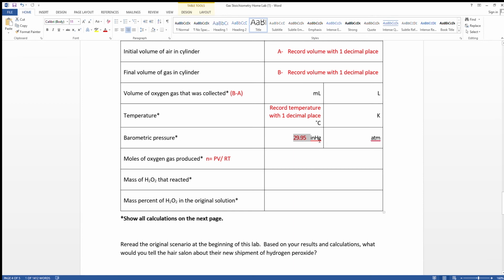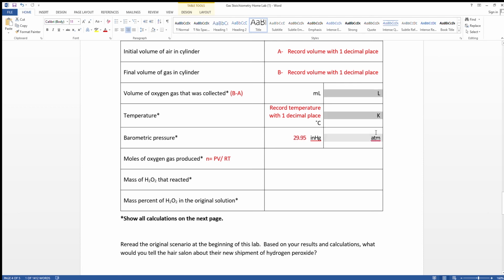Whatever inches of mercury barometric pressure you have, you will be converting it to ATM. Inches, remember we have a conversion factor that 1 inch equals 2.54 centimeters. You will be using that conversion factor to convert inches to centimeters, and then from centimeters you are going to convert it to millimeters of mercury, and from there you will convert it to ATM.